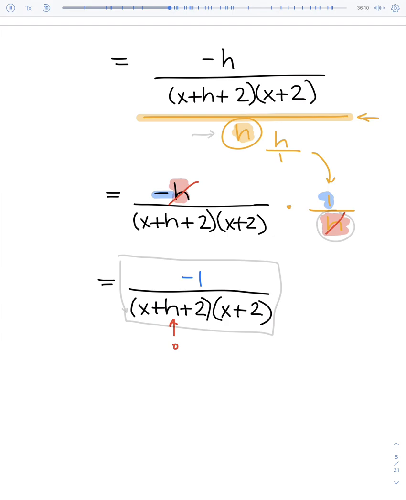So this is absolutely perfect. As long as my solo h, which was down here, and here it is there, got canceled out at some point, that's all that matters. So our final answer is this negative 1 over x plus h plus 2 times x plus 2. And that is our final answer for our simplified difference quotient.